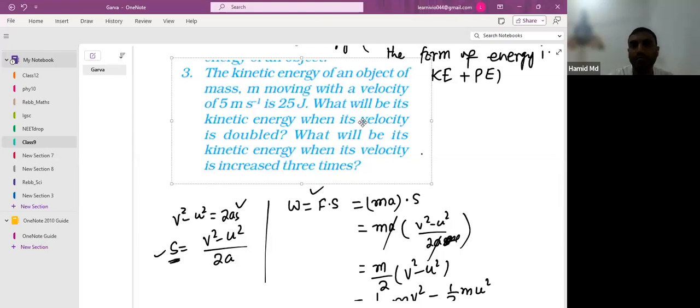Can you solve it? Did you understand the question? Riyaz, did you understand the question?